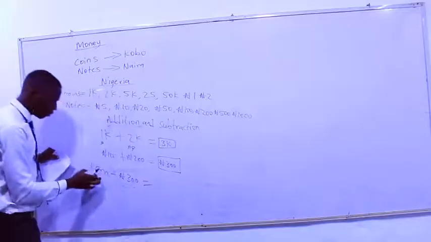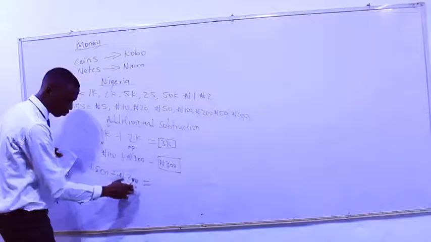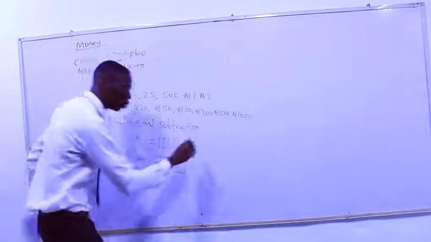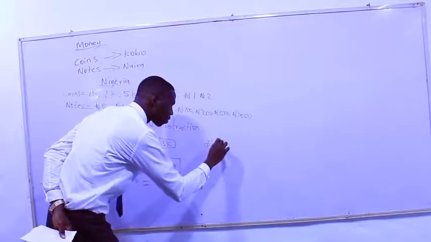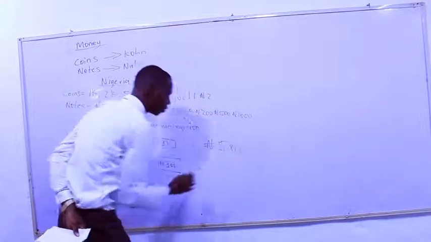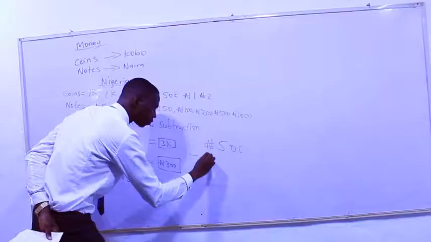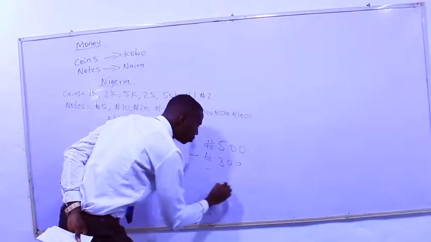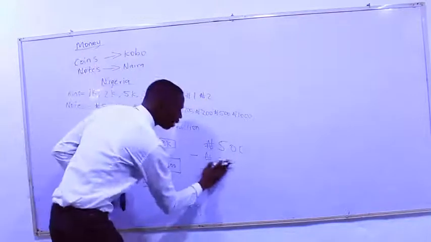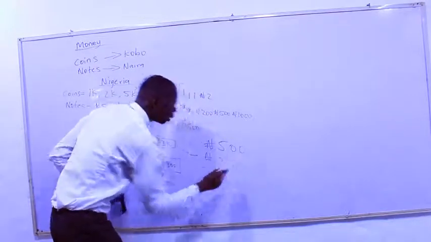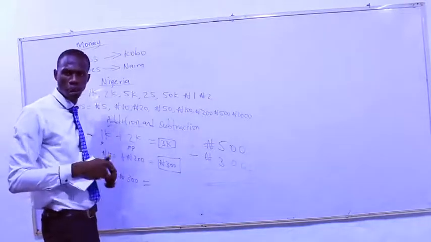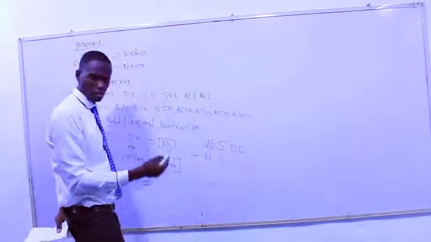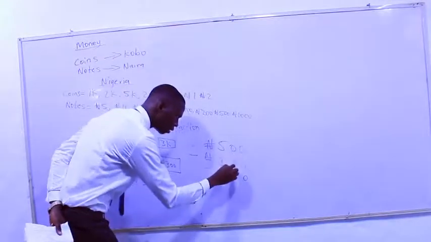And then you do 500 minus 300. You can do vertical subtraction, which will appear like this. 500, the money you are with, minus 300, so that you take them sequentially. This is called vertical subtraction. Now these zeros, they're just 0. You write it.